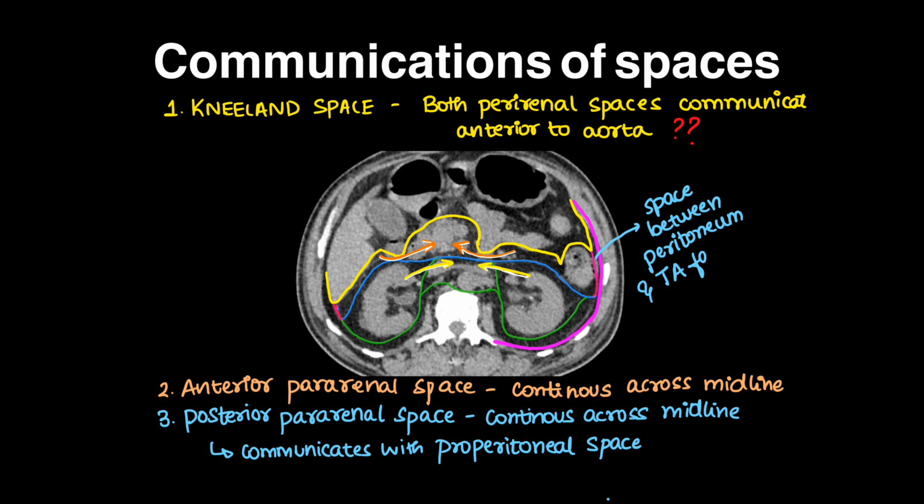This is properitoneal fat space. So posterior pararenal space is continuous anteriorly with this properitoneal space. Also, posterior pararenal space is continuous across the midline. So here you can see anterior to vertebra, it is continuous across the midline.